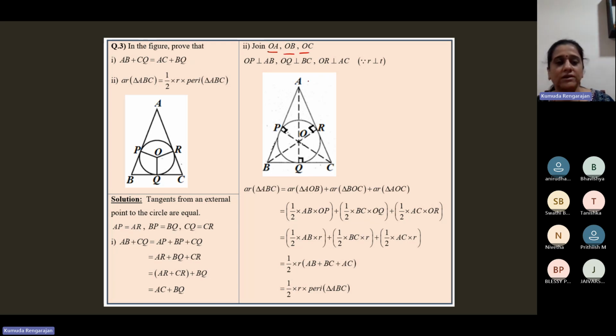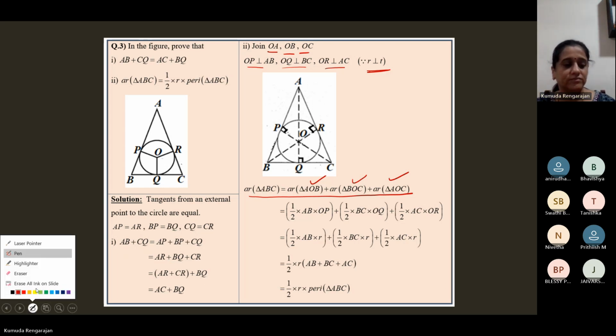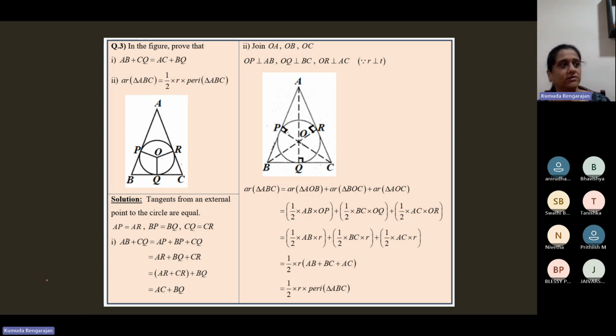And then you have to mention OP is perpendicular to AB. All this you'll have to mention because radius is perpendicular to tangent. Then area of the whole triangle is equal to sum of the areas of the three small triangles, and the rest you know. R is the in radius, the radius of the in circle.